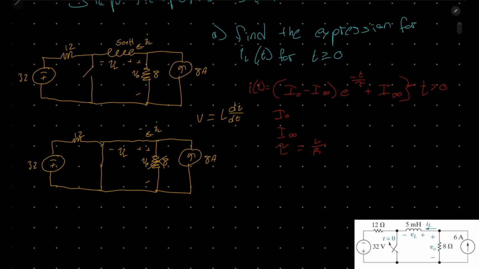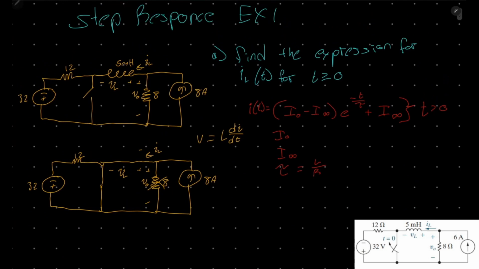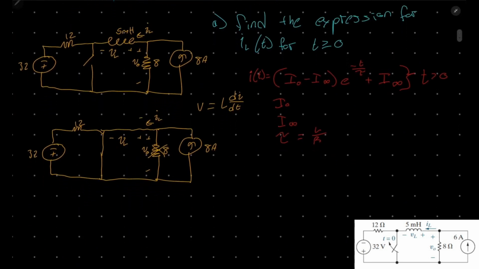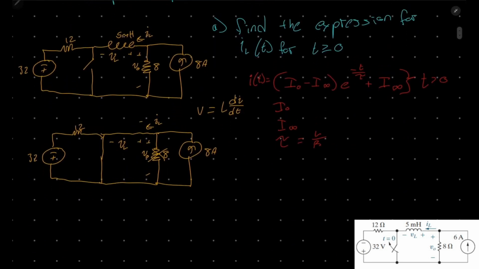Now it makes our circuit a lot simpler. First thing we see is that all of our current is going to be going through this wire right here, and we have created two loops, one loop right here and one loop right here.